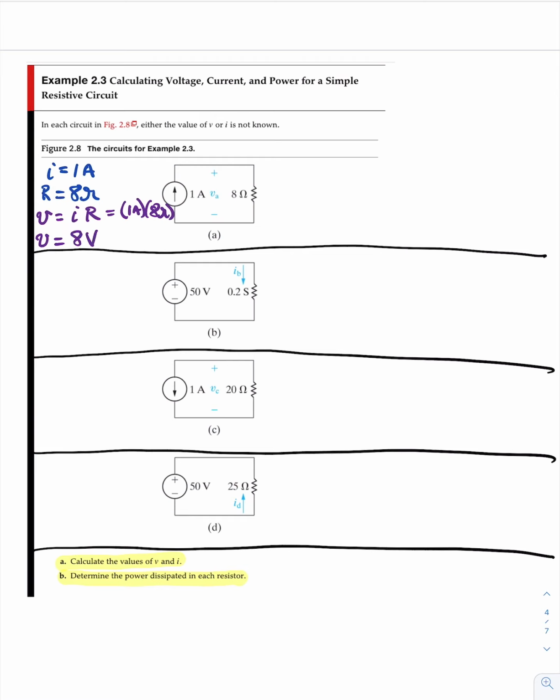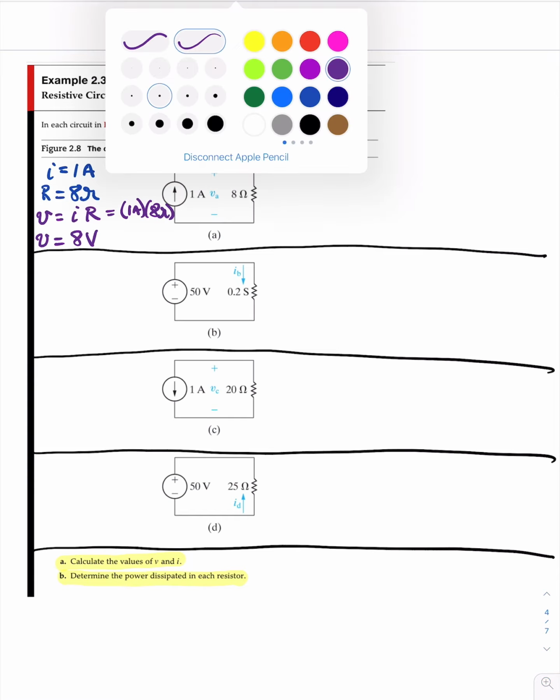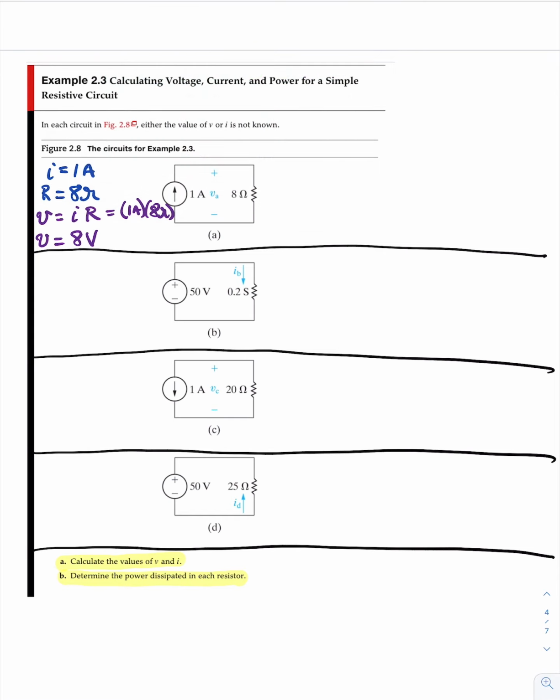All right, now the power dissipated in each resistor. So power in this resistor, let's express it in terms of I squared R, because we're given the current and we're given the resistance. So power is equal to 1 squared times 8, which is 8 watts.